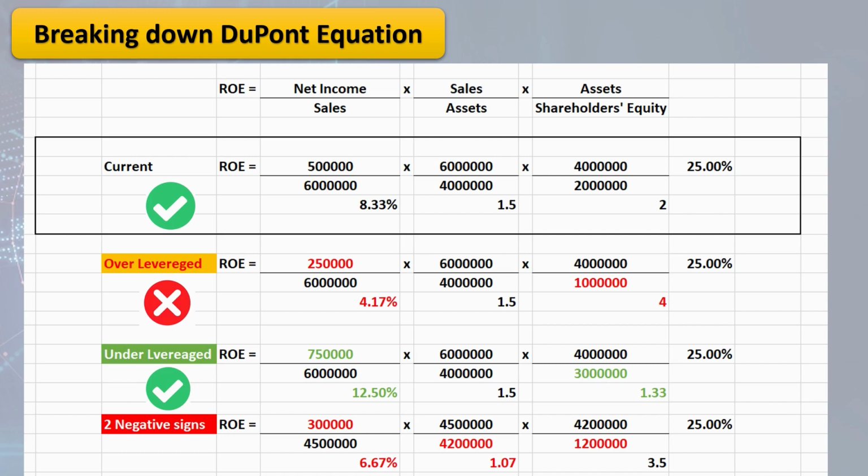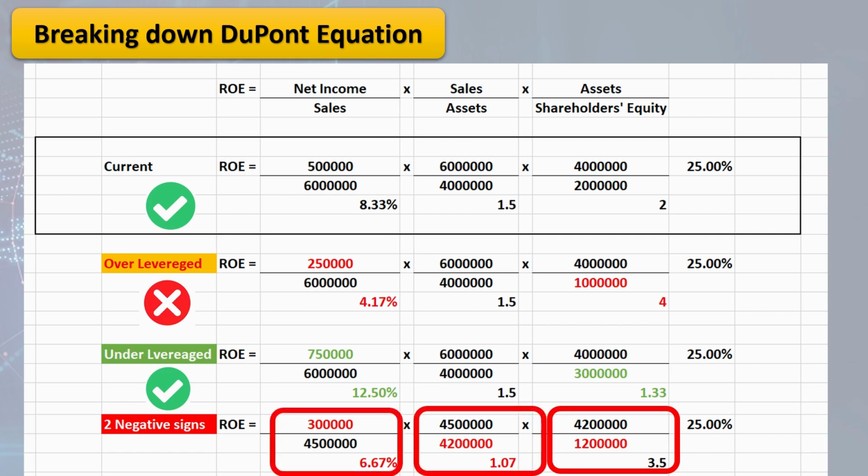Examination with DuPont analysis could show that both net profit margin and assets turnover decreased. Those are two negative signs for the company, and the only reason return on equity stayed the same was a large increase in leverage. No matter what the initial situation of the company is, this would be a bad sign.